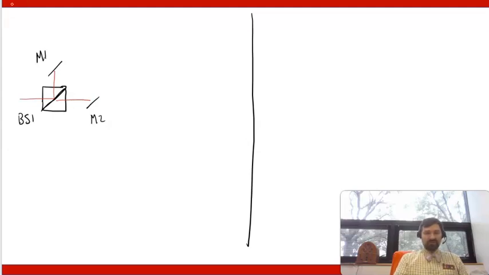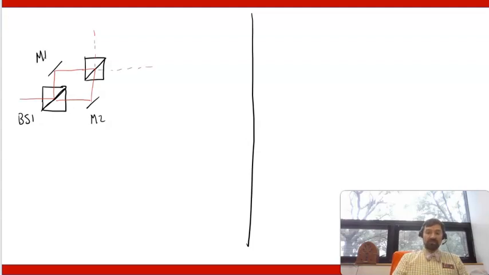Okay, so now this is heading off this way, and then I'm going to put another beam splitter right here. And this beam splitter could be, for example, like this. And so now this beam hits and this beam hits, and it can either come out this way or come out this way.